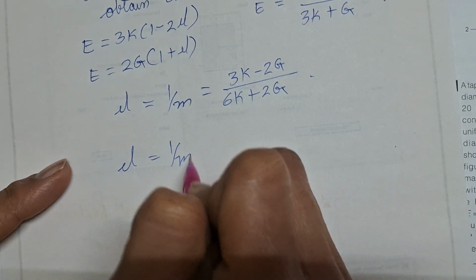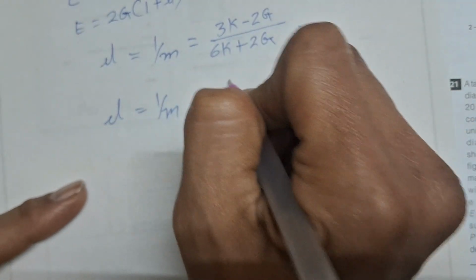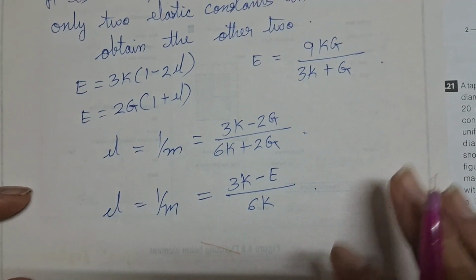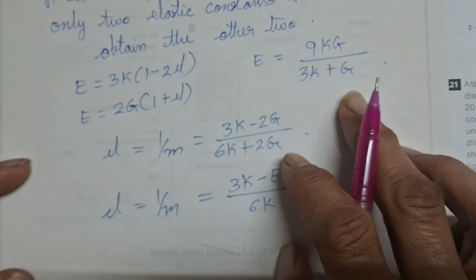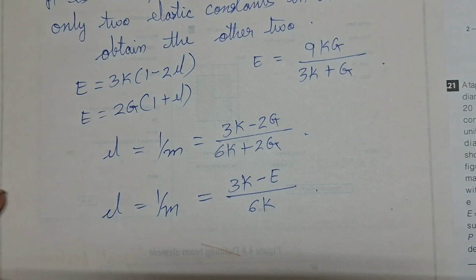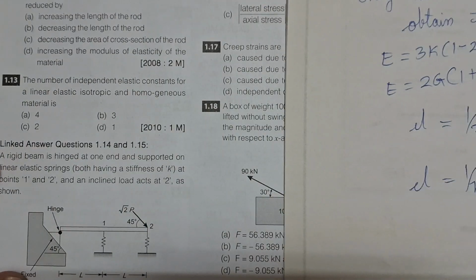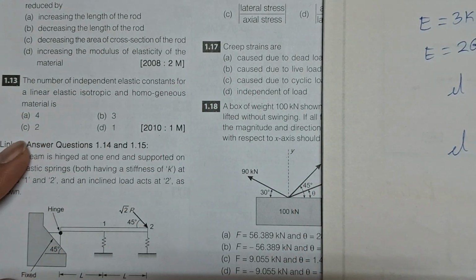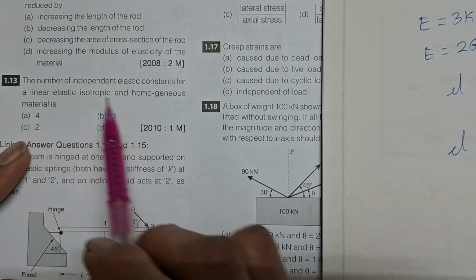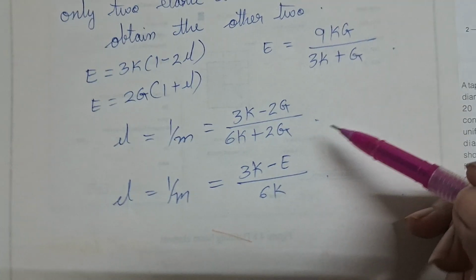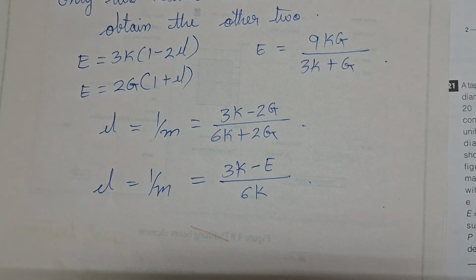Mu is equal to 1 by m is equal to one more formula, 3K minus E upon 6K. So we have a total of 5 formulas to find the different elastic constants. Our question was to find the number of elastic constants in a linear elastic isotropic homogeneous material, that is 2. But I think you should know the concept also. Okay, thank you very much.